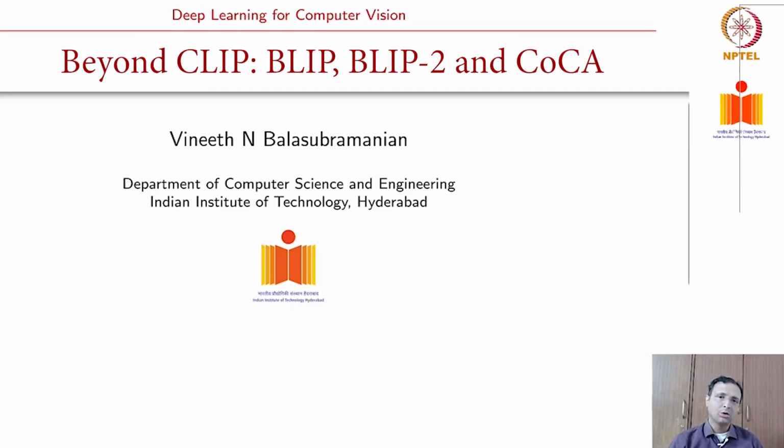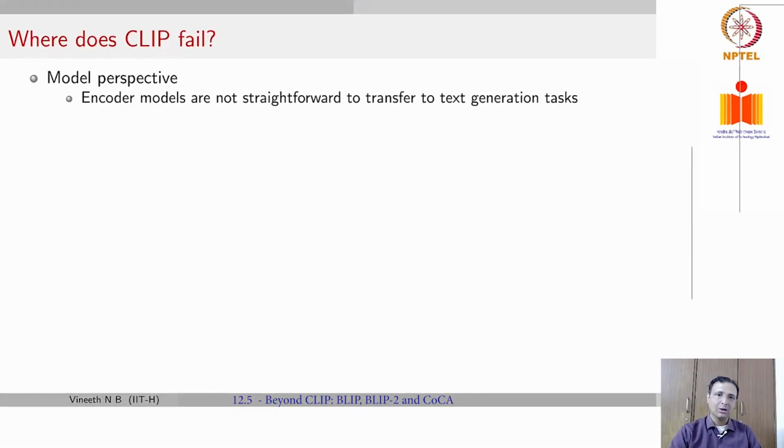We will talk about a few other vision language models that extend CLIP as well as go beyond CLIP in the architectural components as well as how they're all put together. If one had to look at CLIP, there are a couple of limitations where one could say that CLIP can fail.